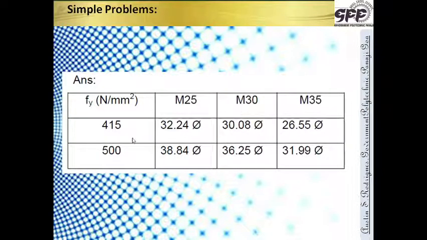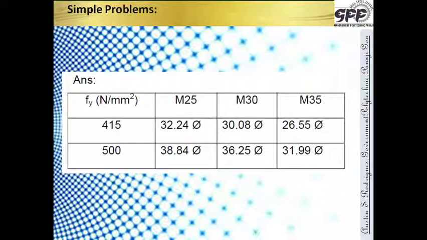Similarly, for M30 and Fe415, it is 30.08 times the diameter. For M35, it is 26.55. For M25 and Fe500, it is 38.84 times the diameter. M30 and Fe500, it is 36.25 times the diameter. And M35 and Fe500, it comes to 31.99 times the diameter. That's how we solve it.